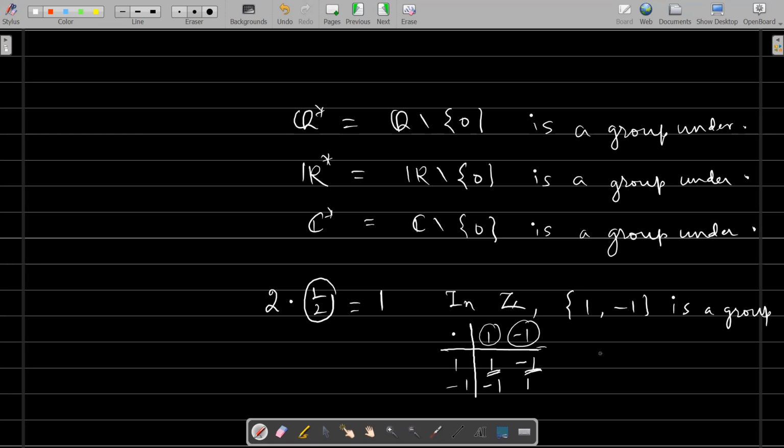So from the table, it's clear that 1 works as identity, and the inverse of 1 is 1, the inverse of minus 1 is minus 1, right? So this is a group. This table is called a Cayley table or composition table or multiplication table.